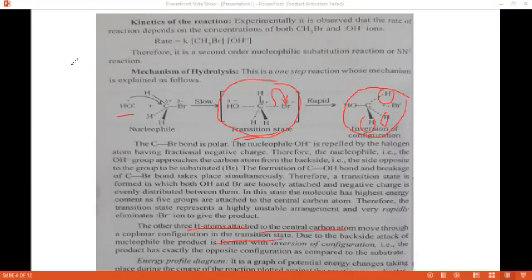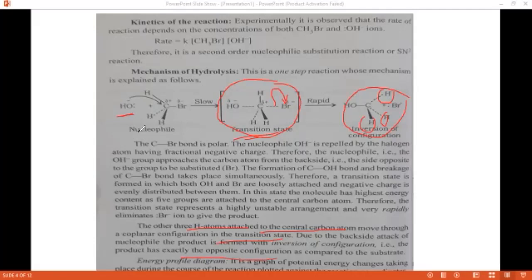Due to the backside attack of the nucleophile on the central carbon atom, the product is formed with inversion of configuration. That means the product formed is exactly opposite to that of the substrate or reactant.